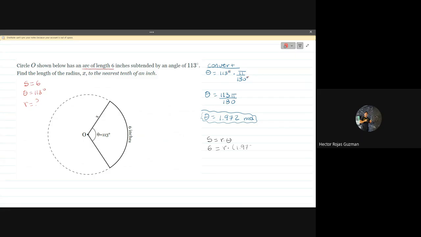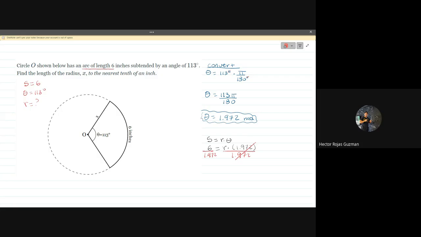My first step is to write the formula. My second step is to plug in the numbers in the correct spots where they go. And now I can just simply divide by 1.972. Be really careful though. When I go to my calculator, I'm going to divide by the entire decimal by copying and pasting it.